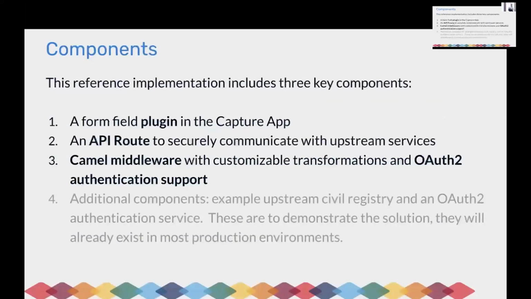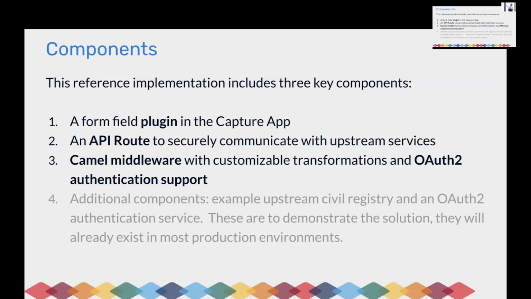So what does it consist of? I'll go into a few details, just enough for you to get an idea of what it is. With the newly available plugins in DHIS2, we have made a form field plugin in Capture app. And if you were attending, you would have seen in the screenshot there was a search button next to an attribute in Capture.